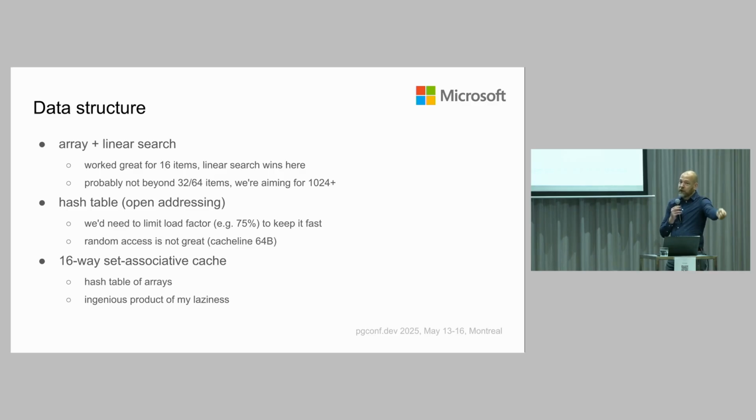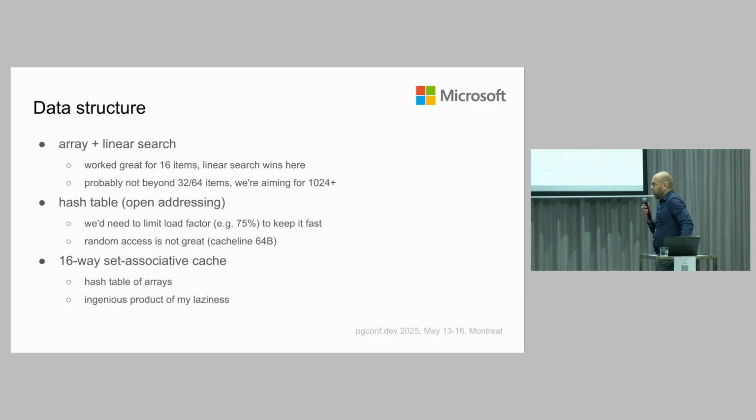Because you would jump to one place, and maybe it's already used because there's an entry with a different OID, and you would need to jump to a completely different part of the memory, and that doesn't work very well. It's fast. I mean, we have random access memory, but even then, sequential accesses are much faster.